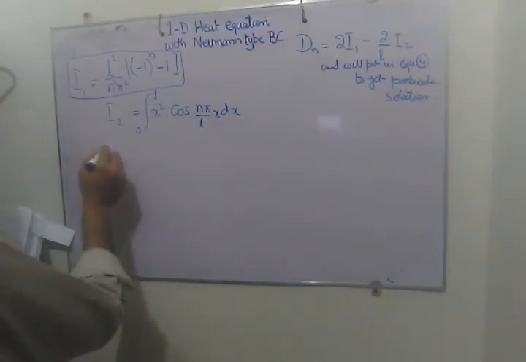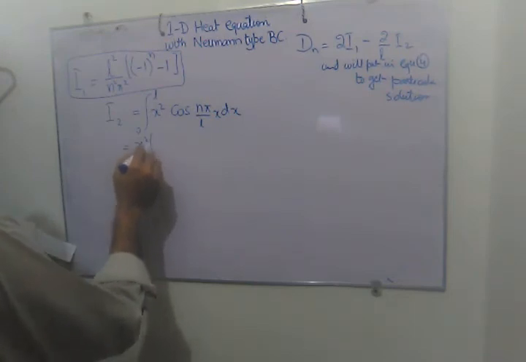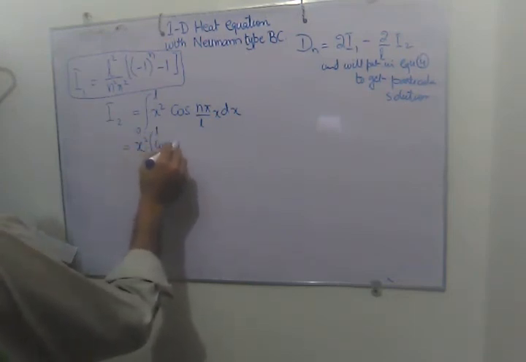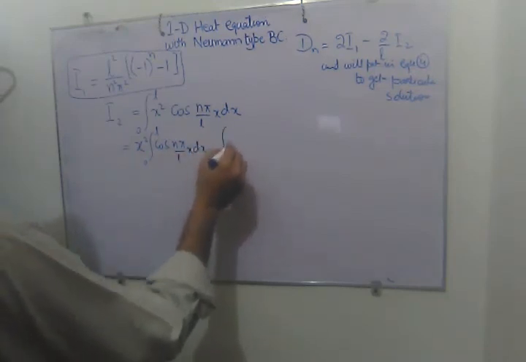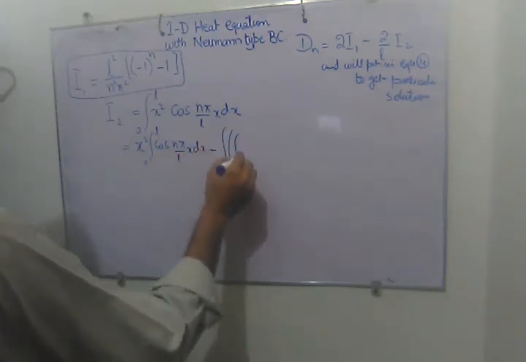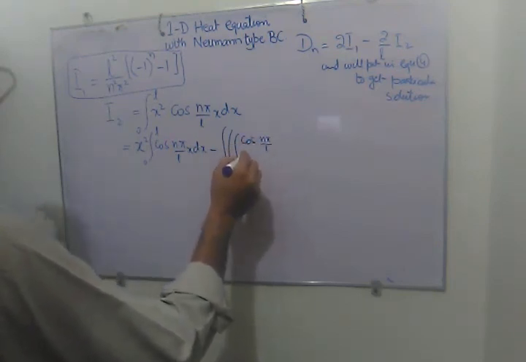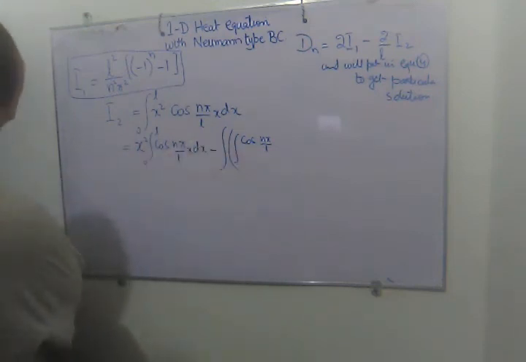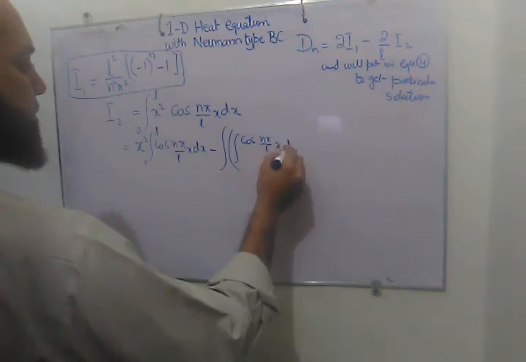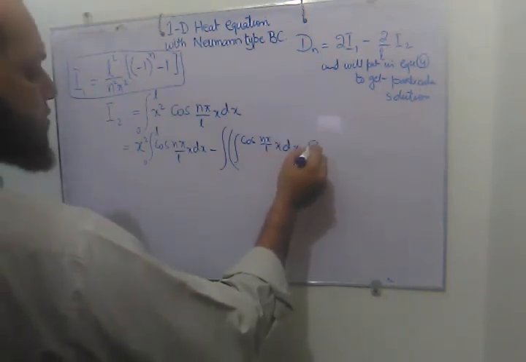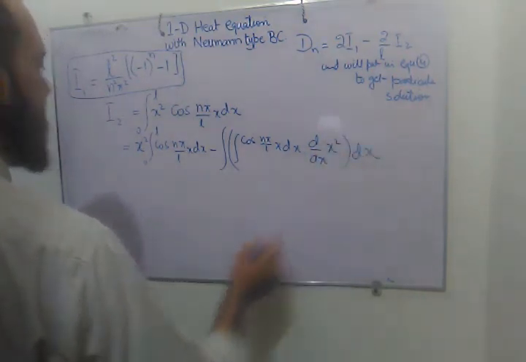When we start integrating it, it will become x square, 0 to L, integral of cos n pi upon L x dx, minus integral of cos n pi upon L x dx into d upon dx of x square, dx.